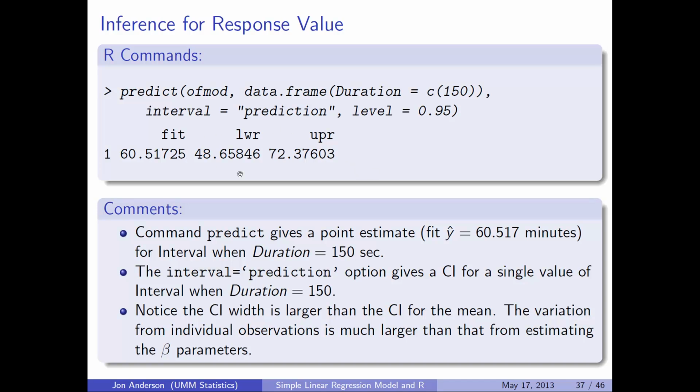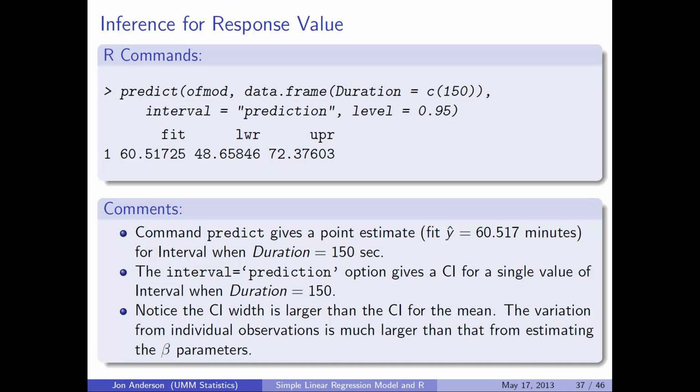This is the interval that is relevant to a family that's walking up to Old Faithful and wants to wait for the next eruption, and the last eruption was 150 seconds. A family should presume that they're probably going to have to wait between 48 and 72 minutes. So that's quite a bit of uncertainty and variation in what's going to happen to an individual eruption.